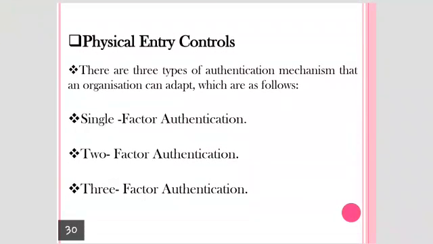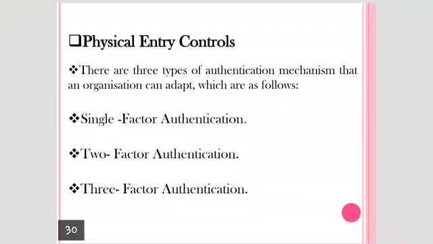Every organization has to adopt these technologies. Single factor authentication means only a password has to be given. If that password matches the database, then that person is allowed into the organization premises.